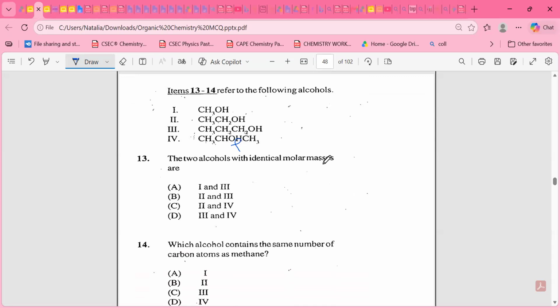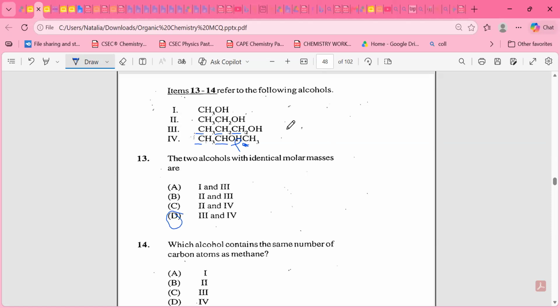Which two alcohols have identical masses? So let's go. It's going to be this. One, two, three carbons. This has one, two, three carbons. These are 2-propanol. So the ones with identical mass would be 3 and 4, and that's propanol.